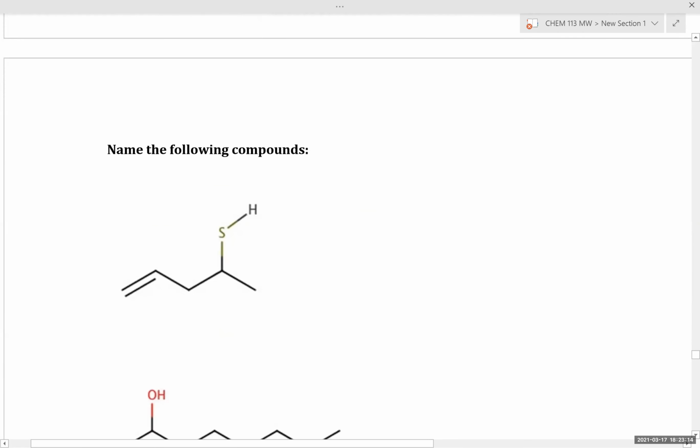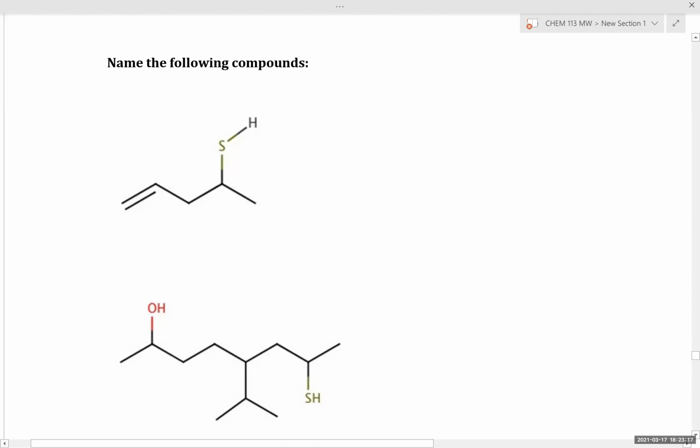Okay, so we've talked about naming alkyl thio compounds and naming sulfides. Let's try to name some thiol groups. So in terms of our general priority list, we have alcohols, which are higher priority than thiols, which are both higher priority than alkenes, which are higher priority than alkyl groups, halogens, ethers, and other alkyl thio groups as part of sulfides.